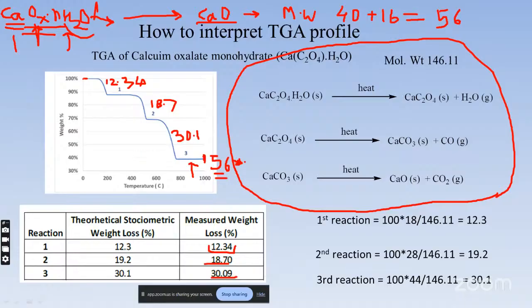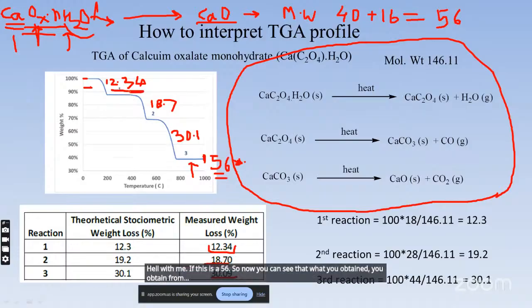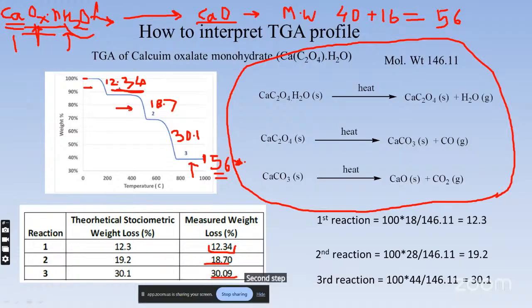Now you can see what you obtain from TGDTA: first step 12.3%, second step 18.7%, third step 30.1%.